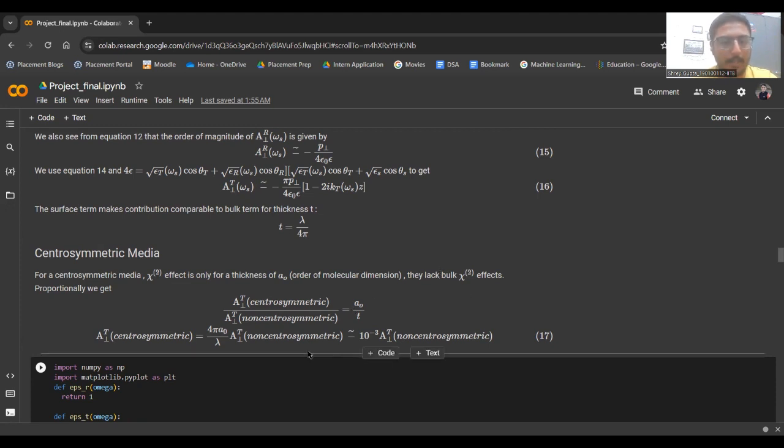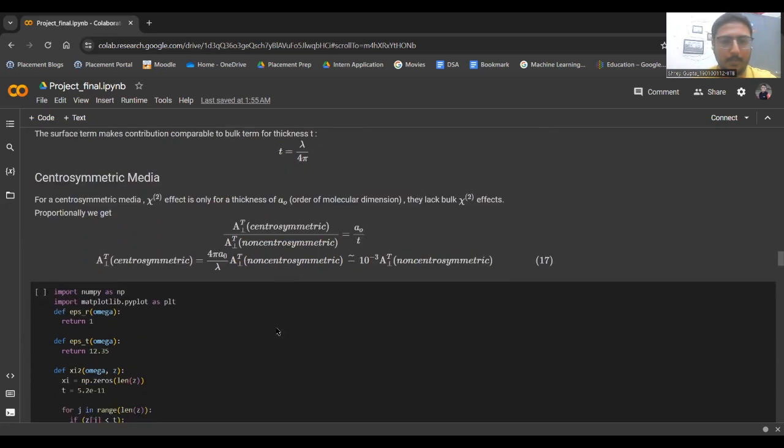And so we get A_T perpendicular centrosymmetric equals 4 pi a naught by lambda into A_T perpendicular of non-centrosymmetric, which is approximately of the order of 10 to the power minus 3. So this is our end result, but I think this can be better understood. We just need to search a little bit more. Hopefully, we can get back to this in the presentation.